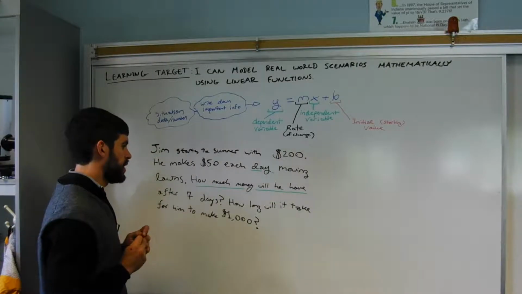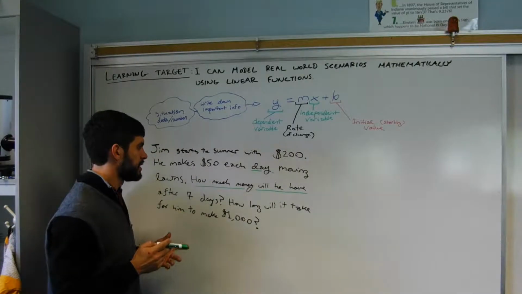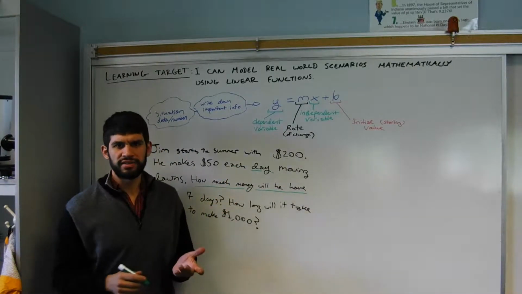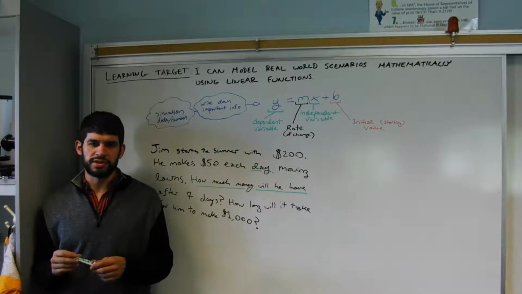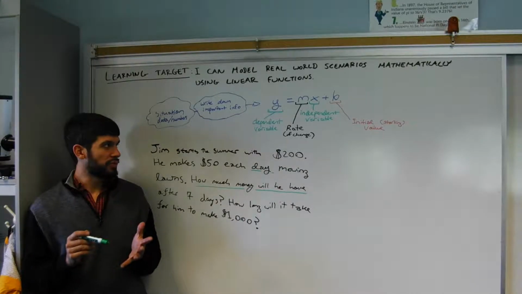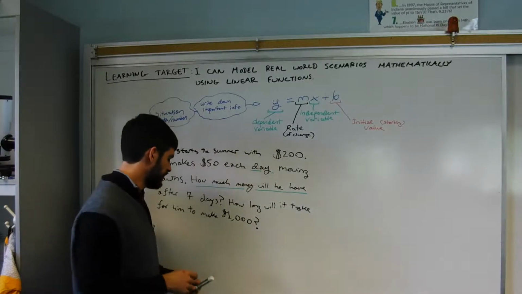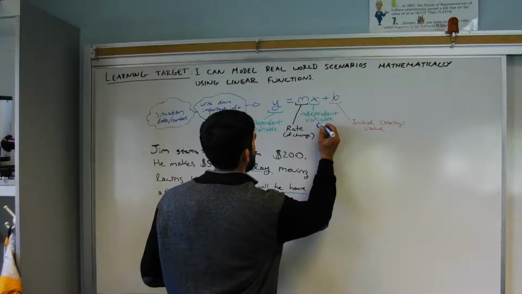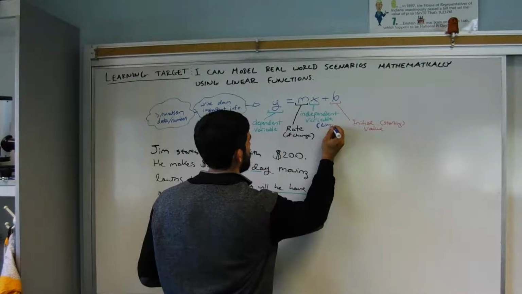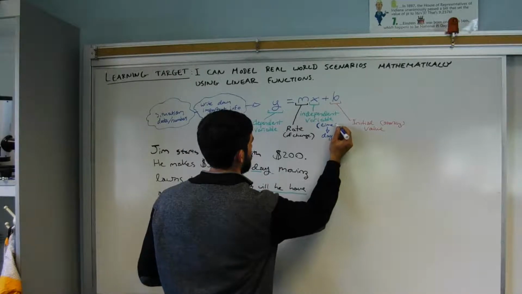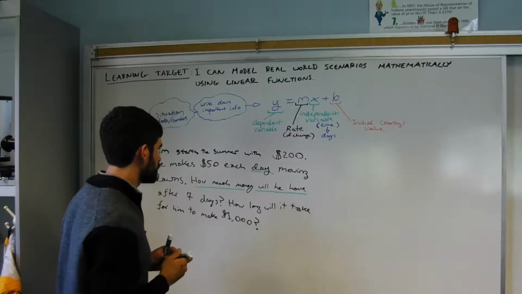So we want to see which depends on which. Does the day depend on how much money he has? I don't think so, because time's just going to keep on going. Time is generally going to be our independent variable. So in this case, our independent variable is time, which more specifically would be in days in this example.